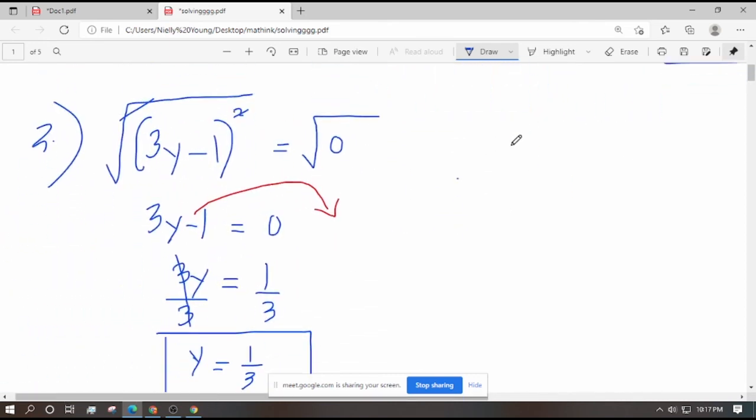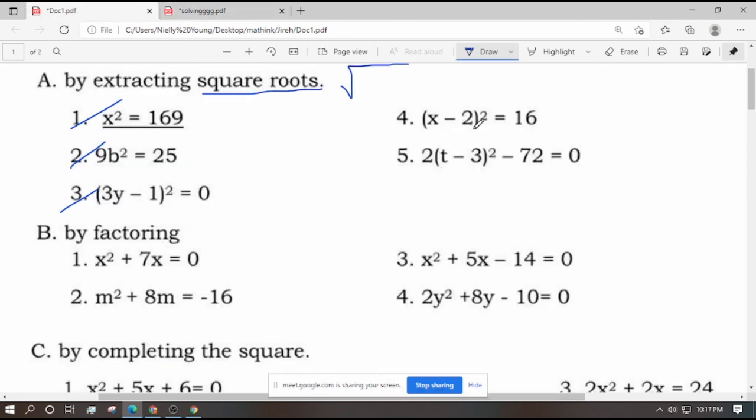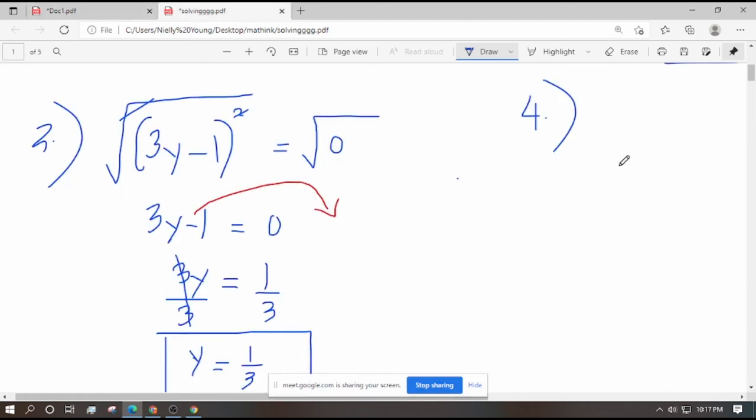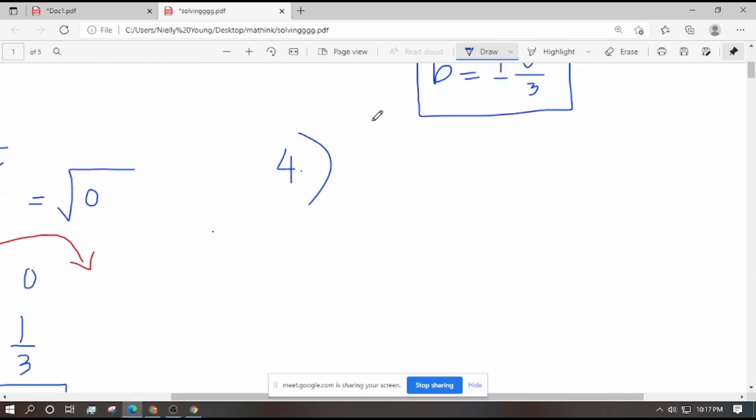Next, number 4. x minus 2, parentheses, x minus 2 square equals 16. Okay. Parentheses, x minus 2 square equals 16. Okay.